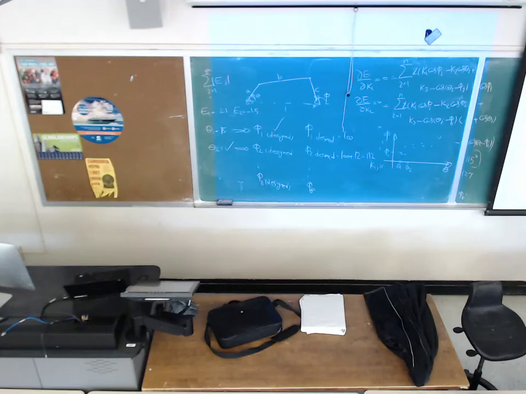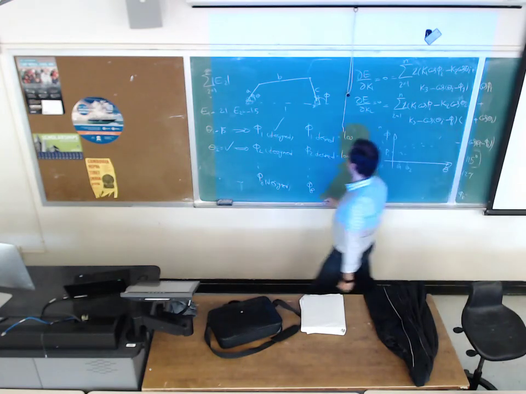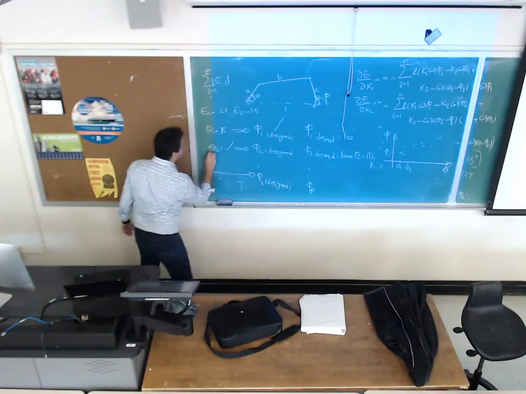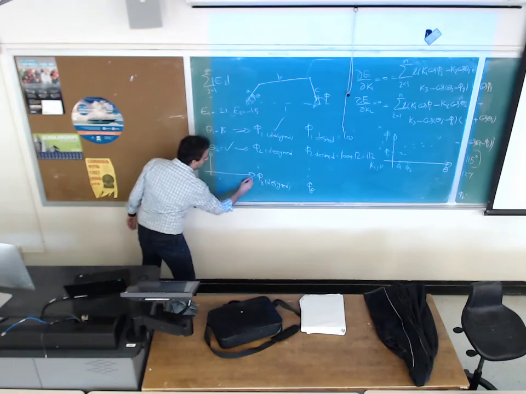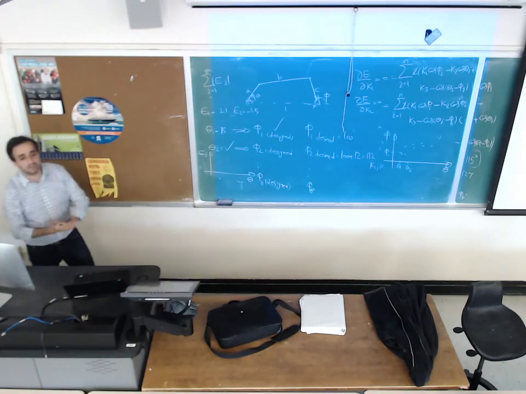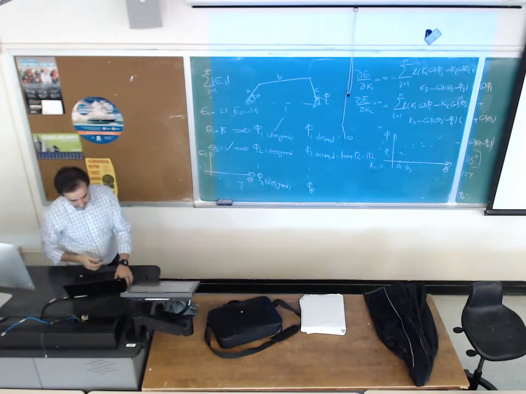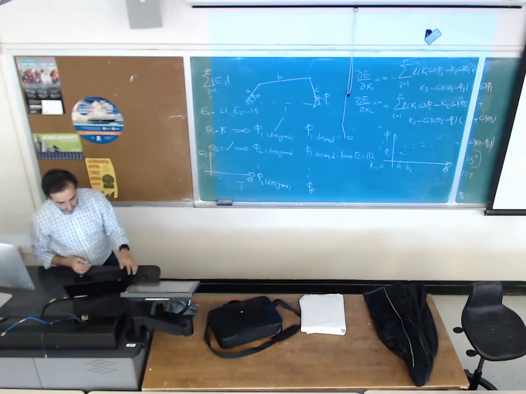You have theta, which is the input angle, so you can find the difference between left side and right side, which is the error. And plot theta versus phi. Is that clear? That's what I'm asking you. Any question about the homework?